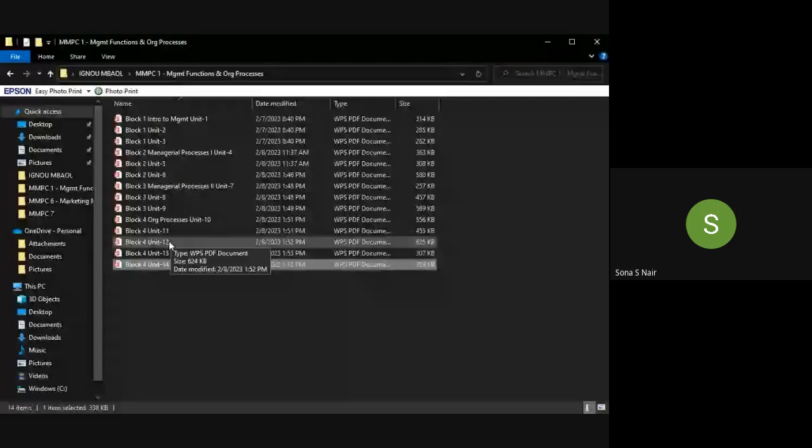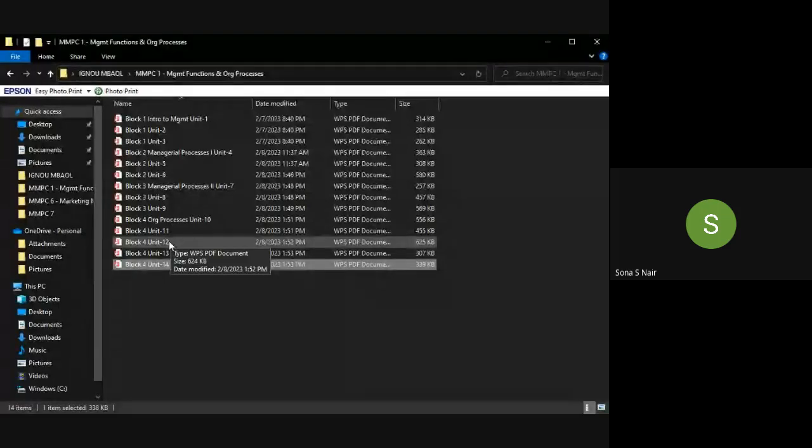Okay. I'm having trouble finding that content, so I think I'll open the study material and from there we'll go ahead rather than wasting time. Where is it? That is unit 12, right?